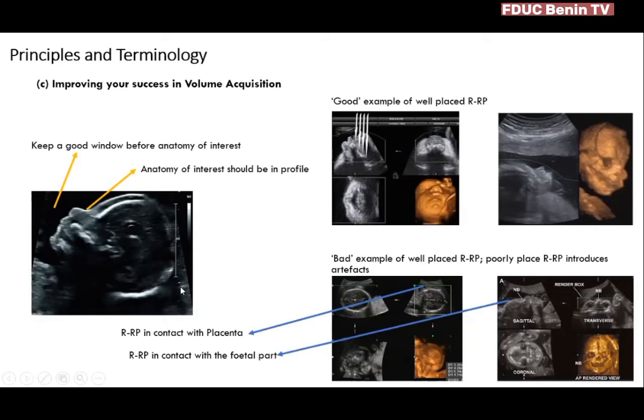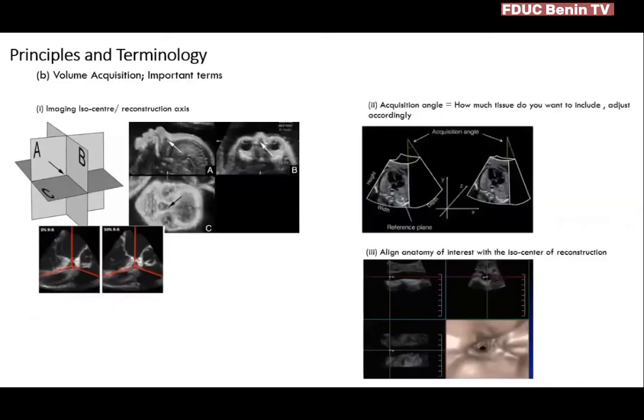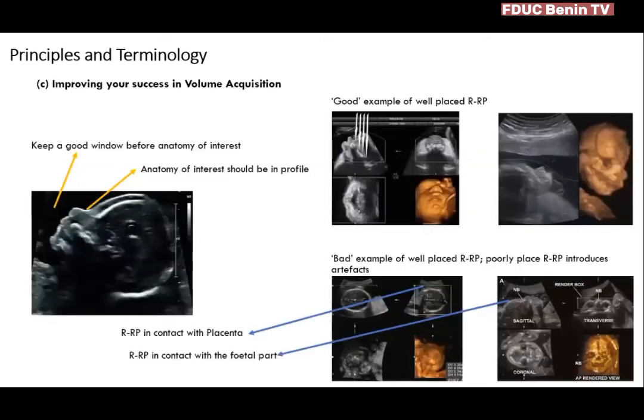In summary, to make a successful acquisition of our 3D, 4D image, let's recall that one, we need to manage our acquisition angle. Two, we need to align our anatomy of interest to the isocenter of reconstruction. Three, we need to maintain a good 2D image. This is very important.